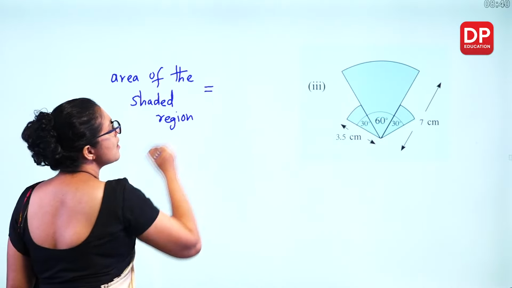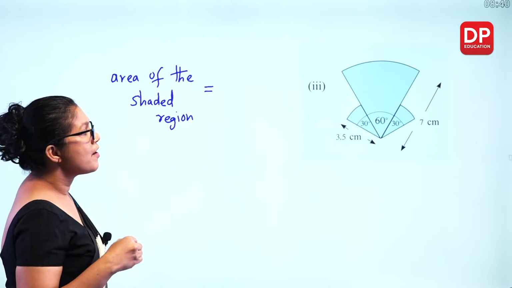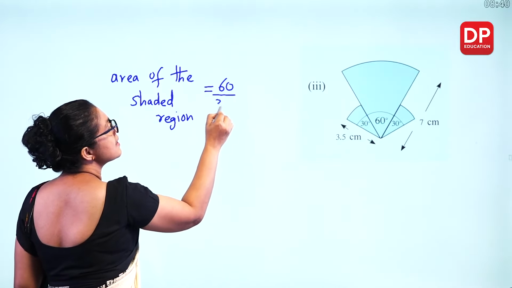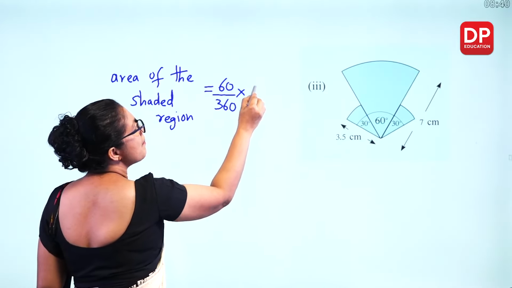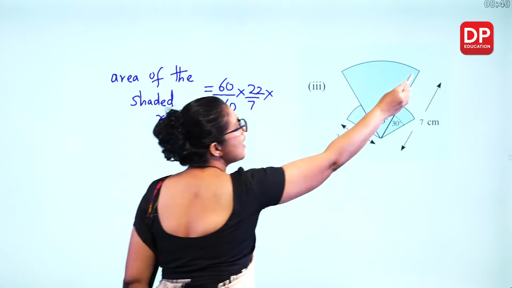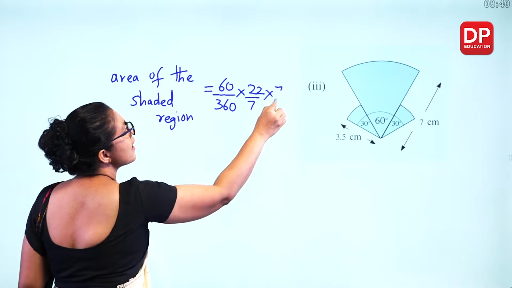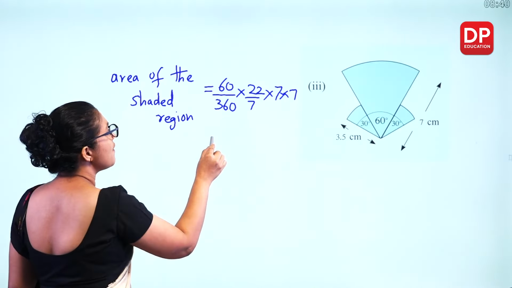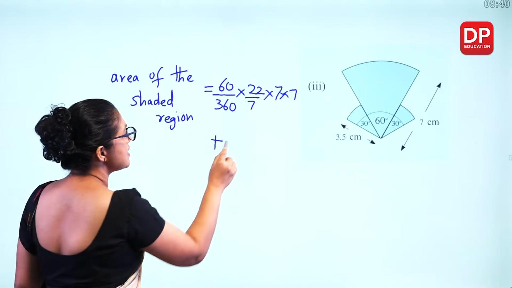region is equal to, what's the area of the bigger one? Angle is 60. Pi is 22 over 7. Radius for the bigger one is 7. So you can write 7 times 7. And what about the smaller one? Angle is 30.